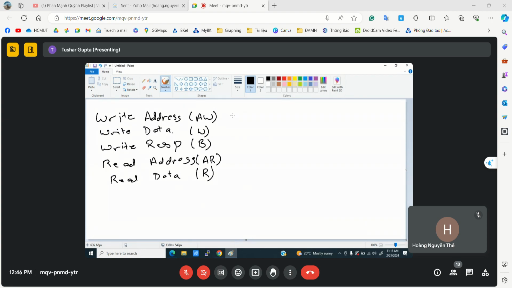So what are the different signals? First we'll pick the write address channel.